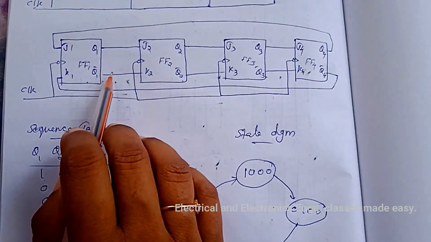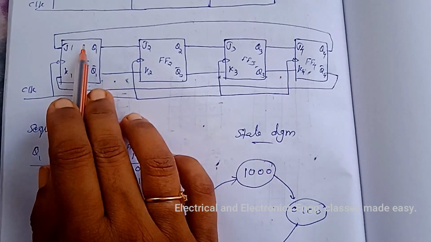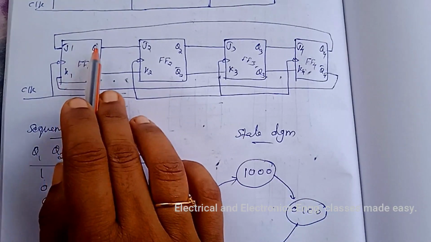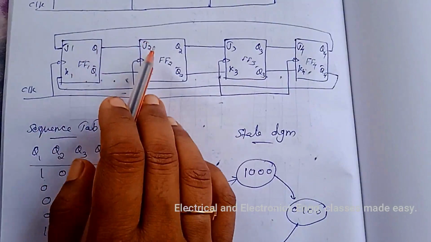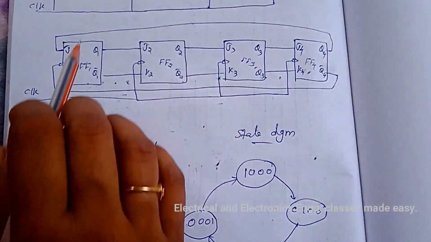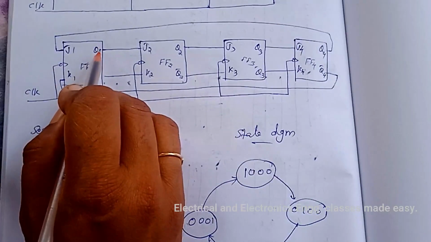So after each clock pulse, the content of each flip-flop is shifted to the right by 1 bit. For example, this is 1.